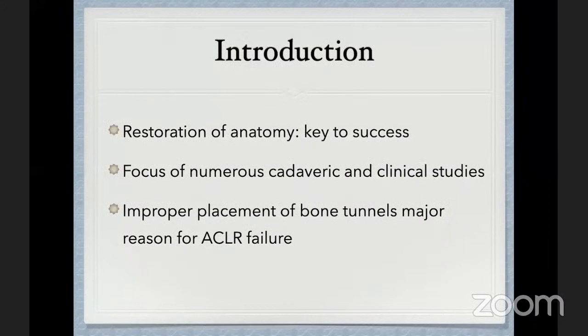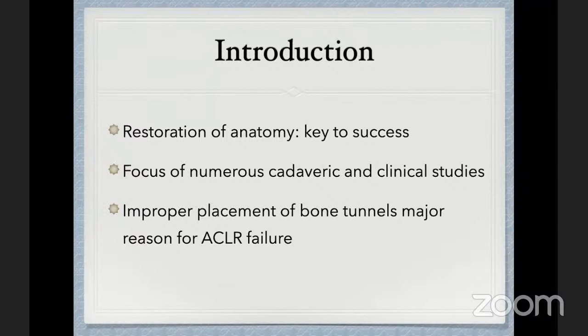I want to start by saying that restoration of anatomy is the key to success in any surgical procedure. The making of the femoral tunnel has been the focus of numerous cadaveric and clinical studies, which highlights its importance.